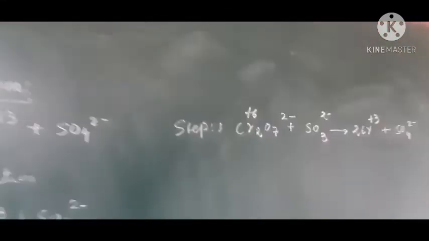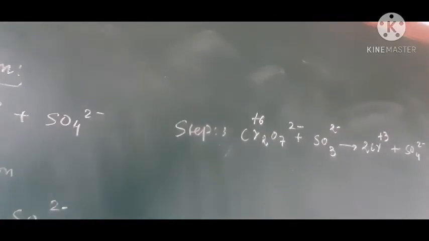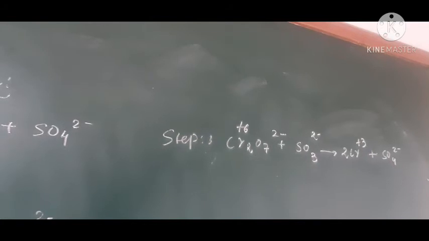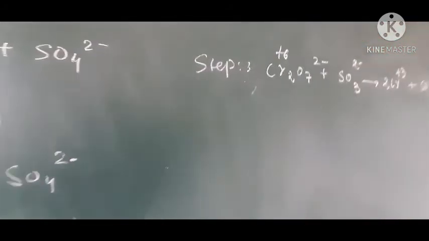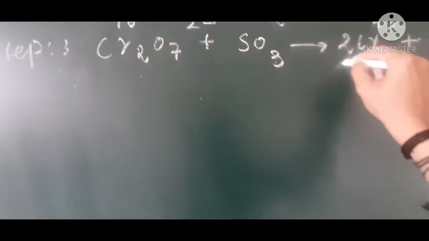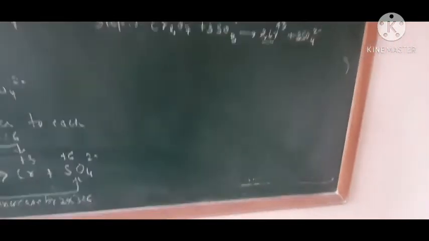In the same manner we are doing it here. We are adding 3 on both sides, so it increases by 3. Already here we have 2 chromium, so we don't have to add it by 2. We add on the right hand side, but sulfur is increasing by 3, so we have to add 3 on both sides because we are just balancing the oxidation number.